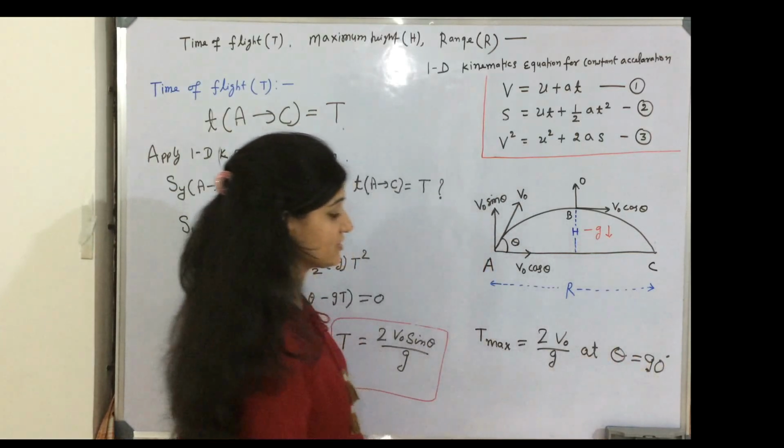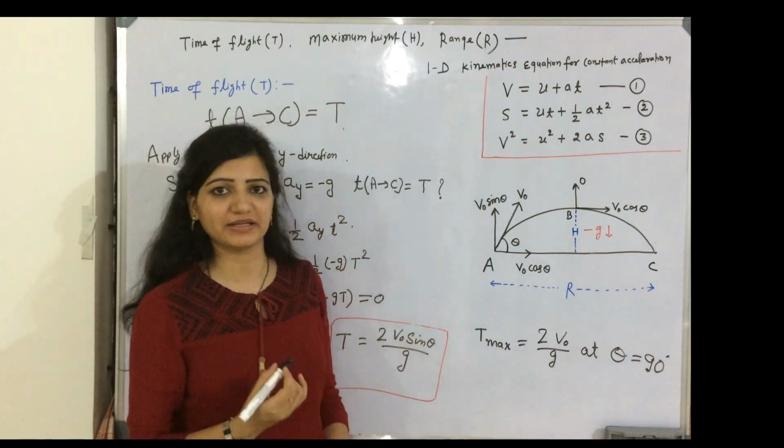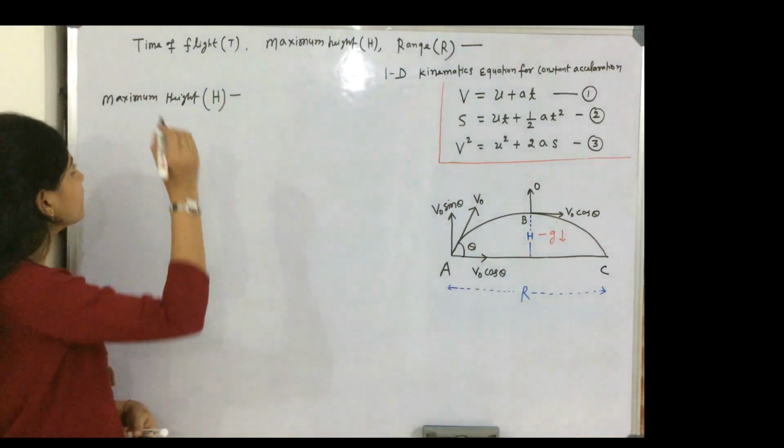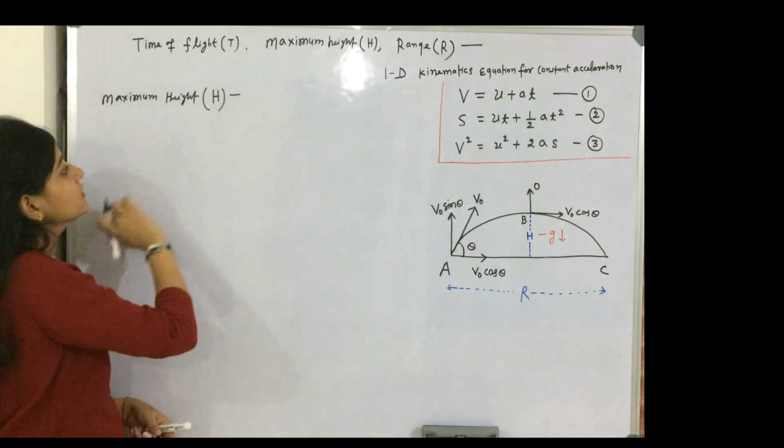So when an object is thrown vertically, the time of flight will be maximum at that duration. Now we will derive the formula for maximum height of a projectile.